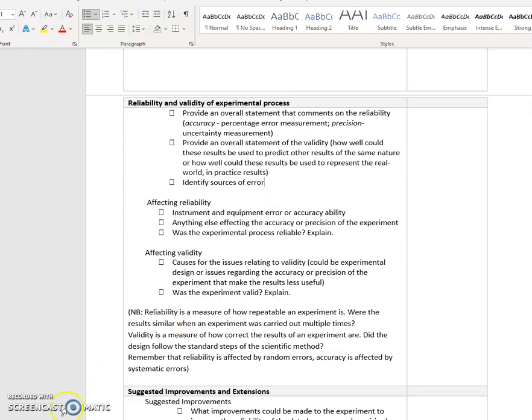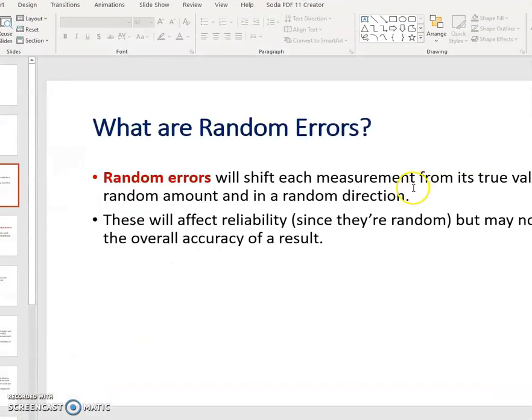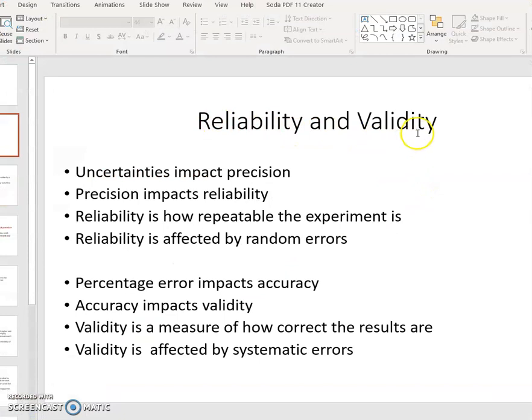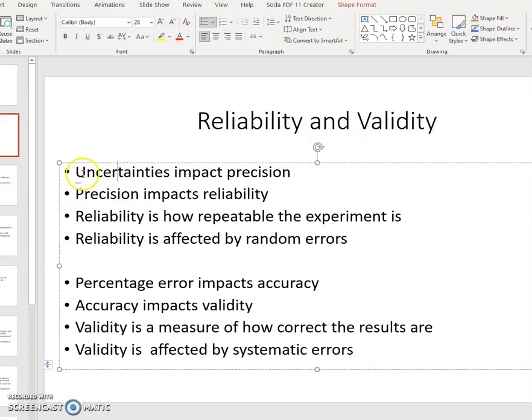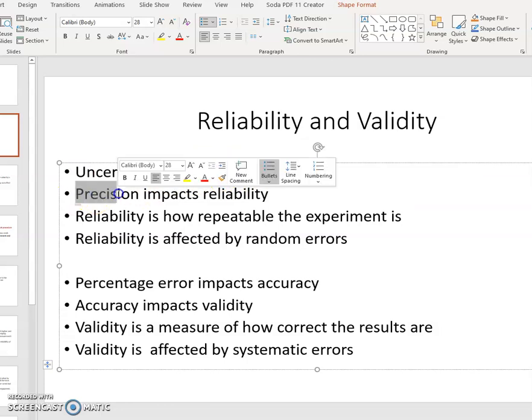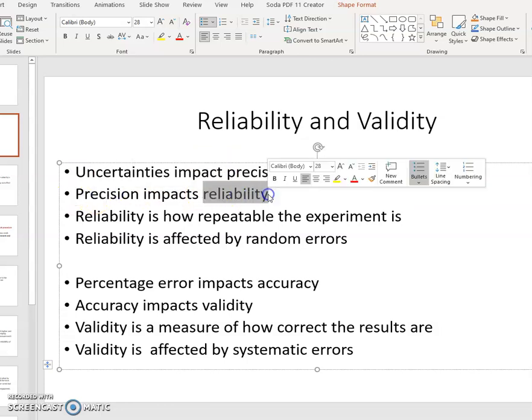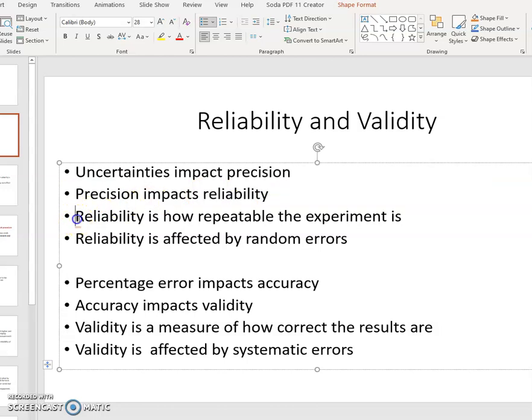Okay, so to do that, I'm going to go through a quick PowerPoint with you guys. So the difference between reliability and validity. All right, so the uncertainties in the data, so the percentage uncertainties, that impacts precision. Okay, precision impacts the reliability of the data, and reliability is how repeatable the experiment is.